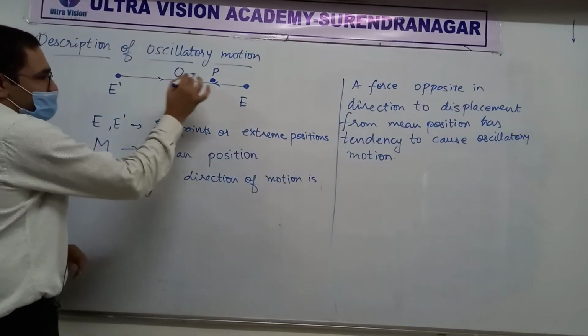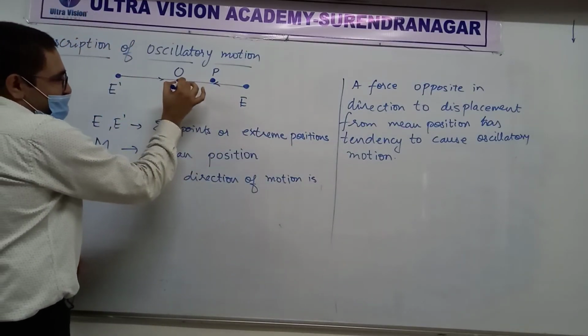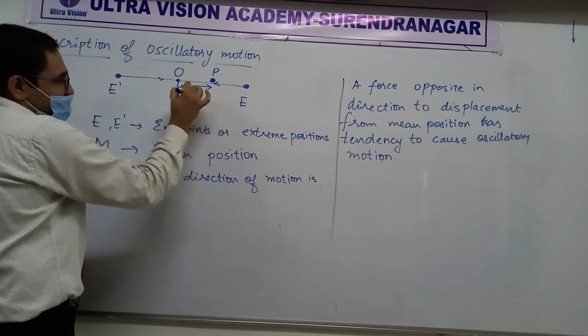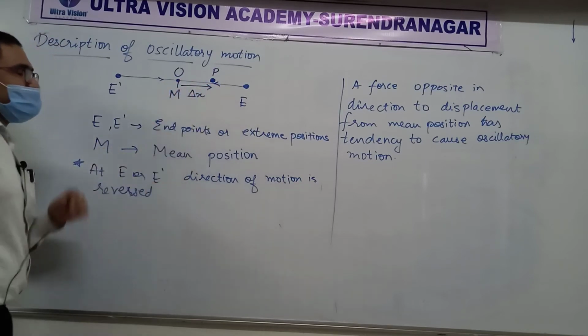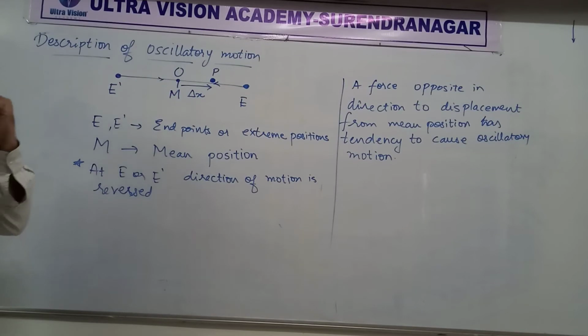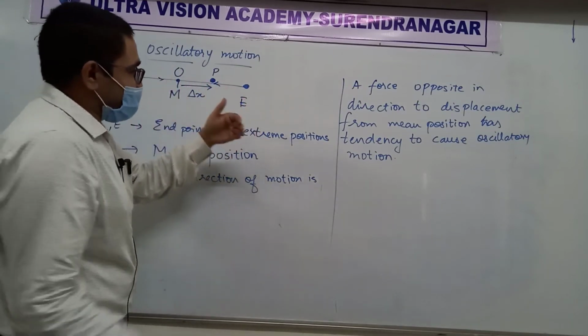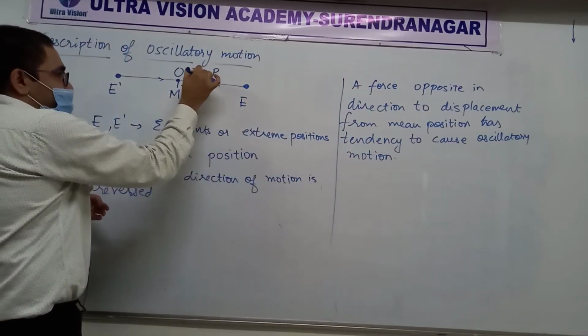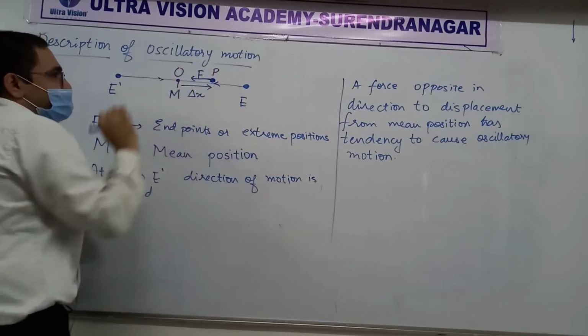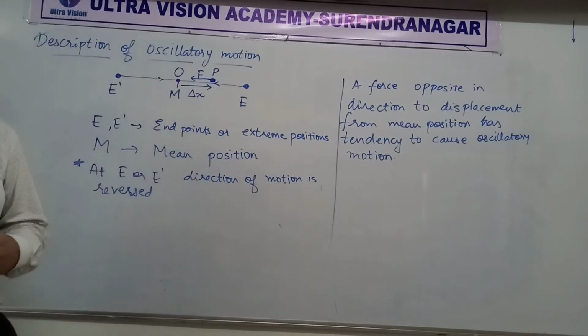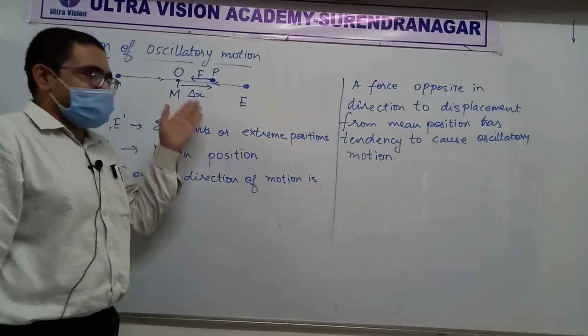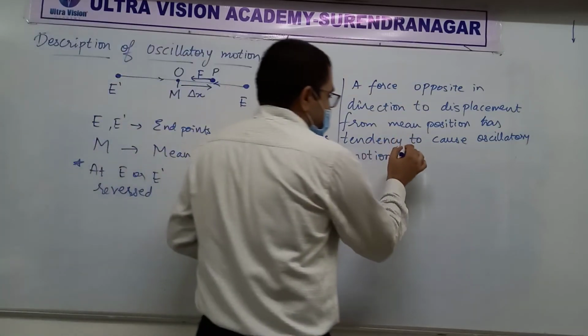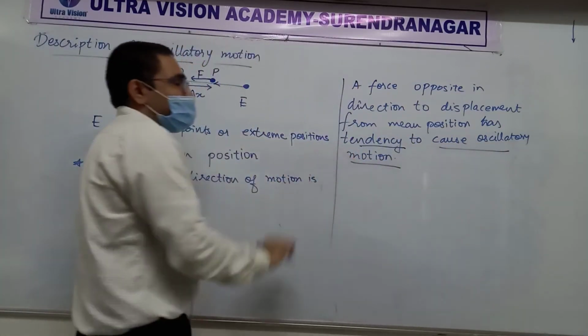So here the displacement of the point P from mean position is to the right side. Did you understand? Then if there is a force that is opposite to that, this can cause oscillatory motion.